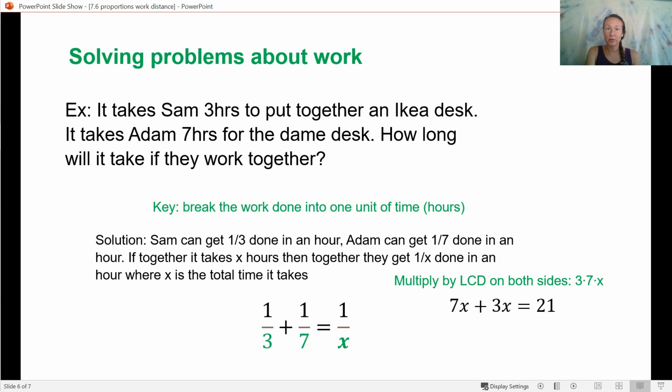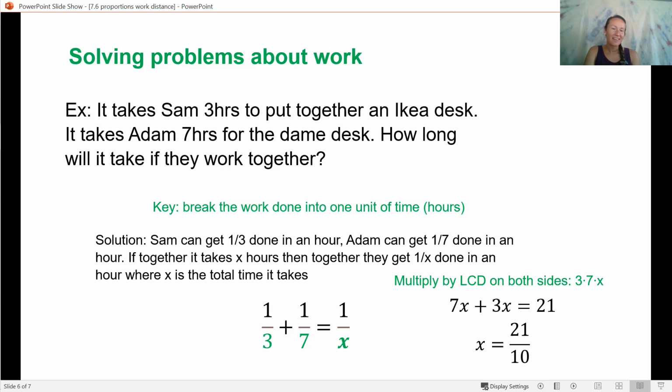Remember to distribute on the left-hand side the 3 times 7 times X. Cancel out all your denominators. And then you can solve this equation to get that X is 21/10. So what that means is if they work together, it'll take them just over 2 hours.